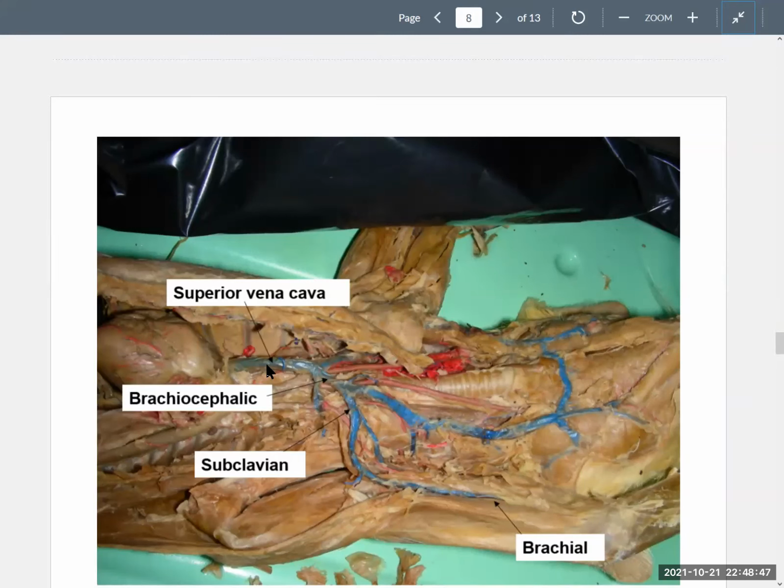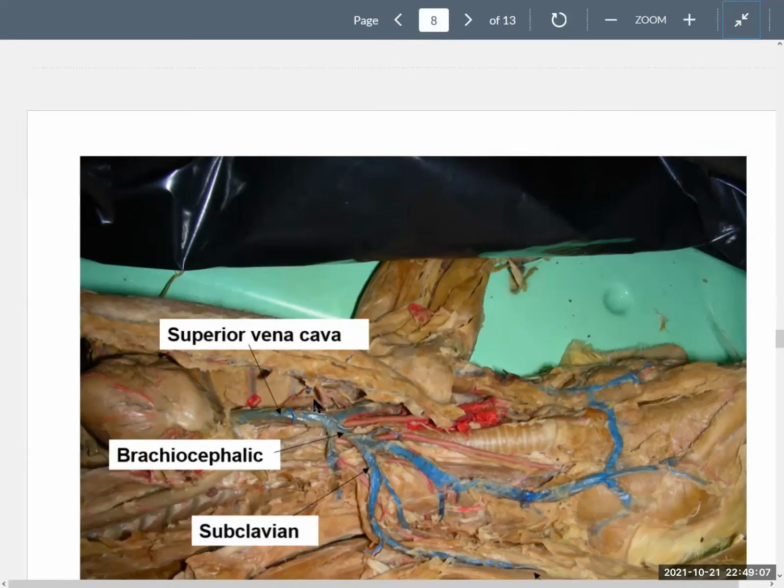Superior vena cava, brachiocephalic, brachiocephalic. This is a vertebral. This little tiny excuse for a vessel is the mammary.